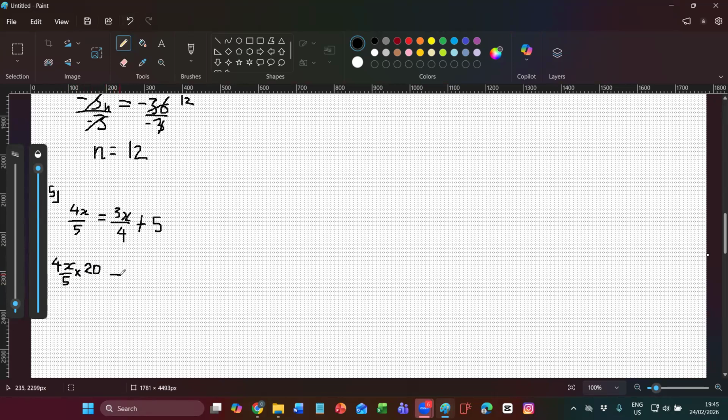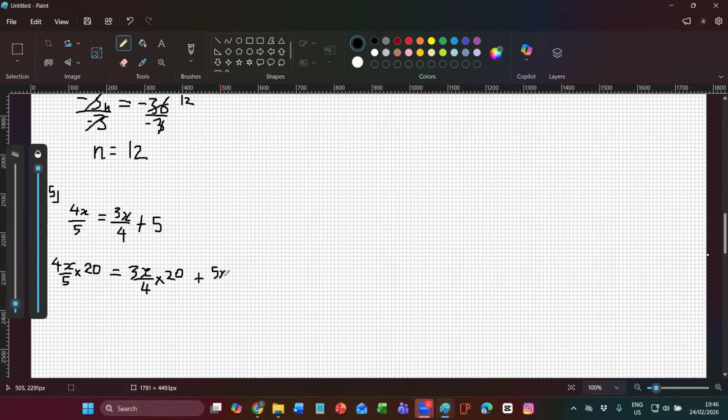So equals to 3x over 4 times 20. Now don't forget that the 5 is there. So we should also do what? Plus 5 times 20, which we know is 100, right?